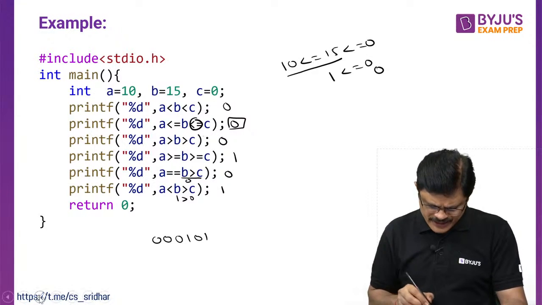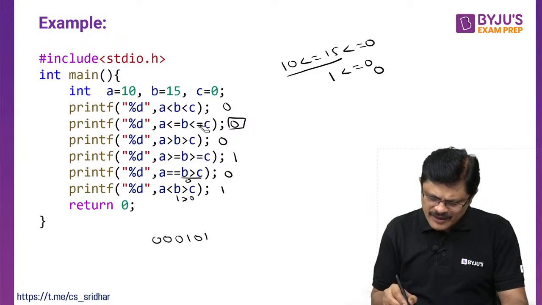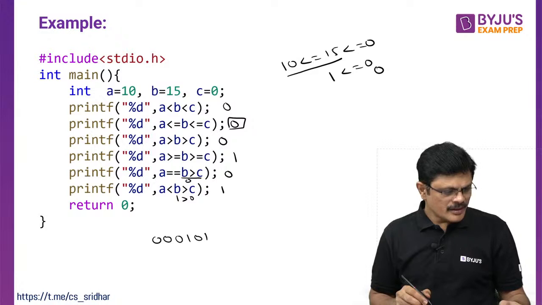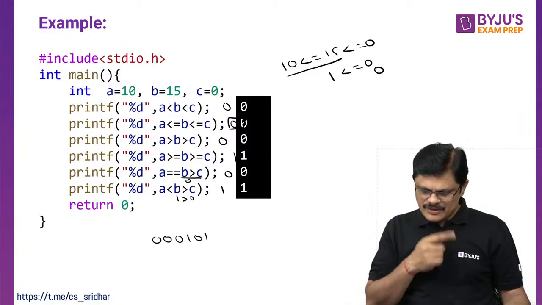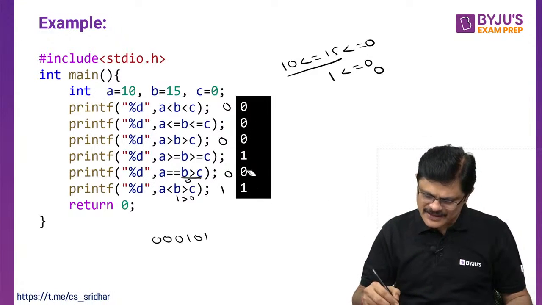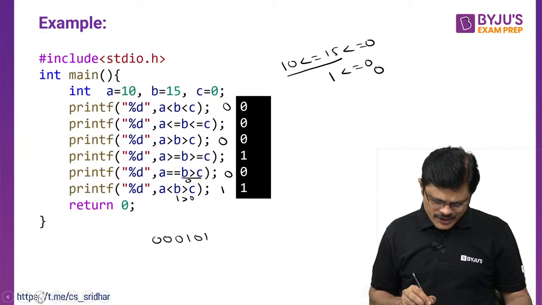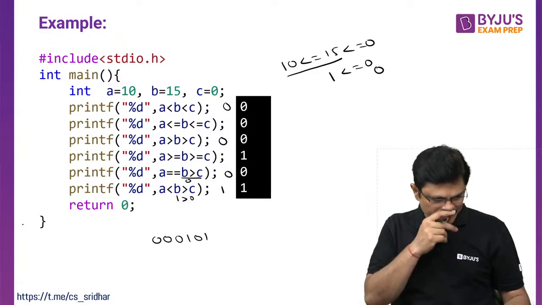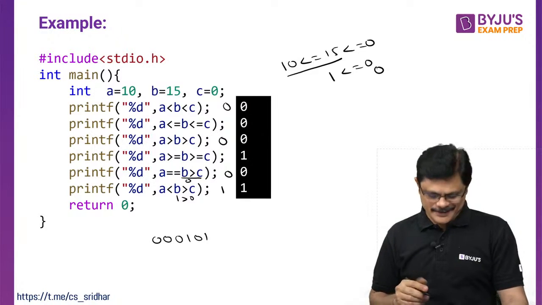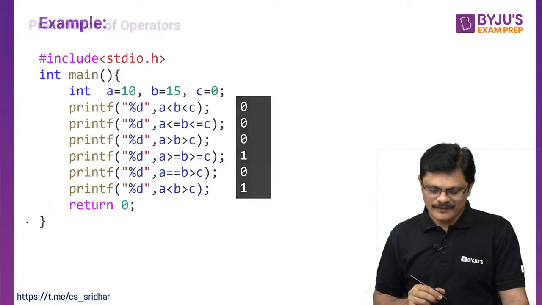It is less than or equal to. So that would be the answer. Final answer, see. So 000 101, you got it. Am I clear? Got it? So that is the answer, my dear friends.